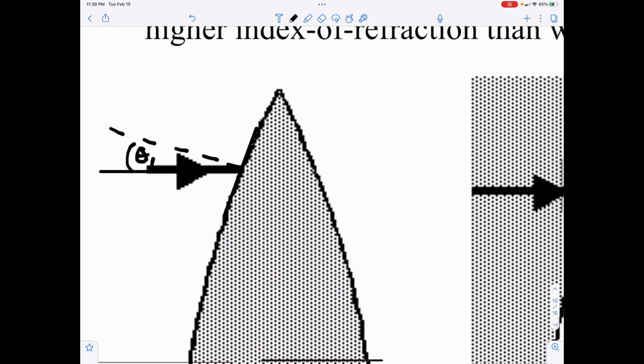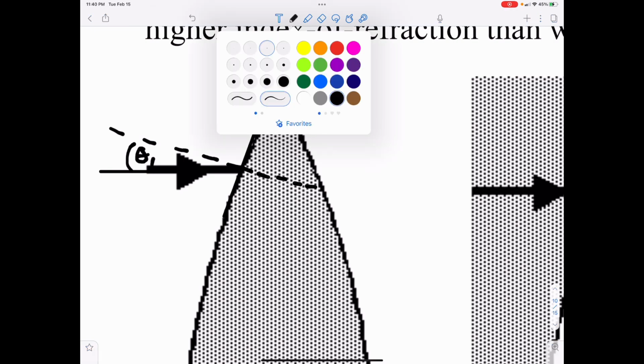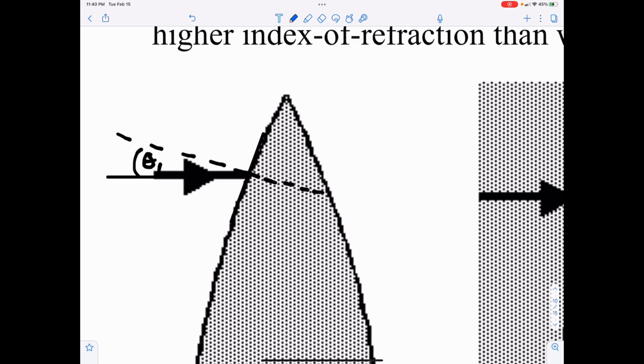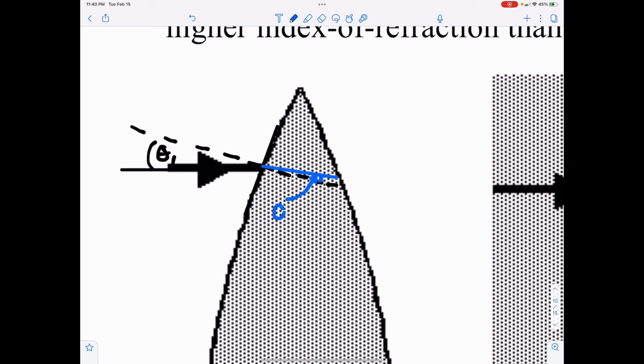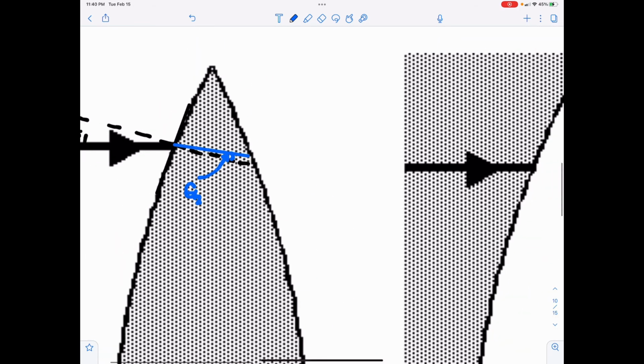Now, if I extend the normal into the lens, I'm going to refract closer to that normal. So I'm going to start to bend like that, where this angle right there is my theta 2. That's my smaller angle.